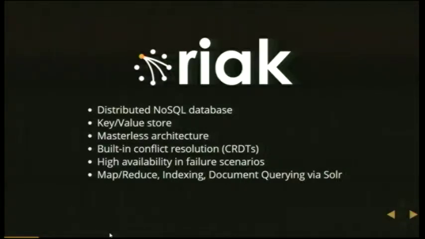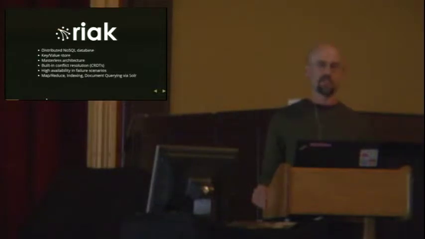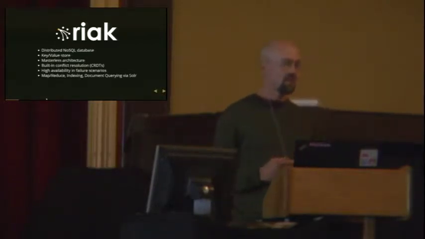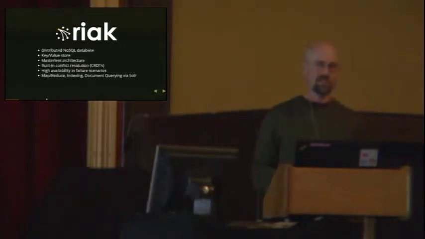It's really designed for high availability and failure scenarios where perhaps 30% of your nodes crash and your application is still able to write and read from the database. Then there's various querying options, including MapReduce, secondary indexes, and Solr document queries. So a client application, a client API connecting to Riak has to keep this in mind and provides a sort of easier to use interface than just sending protocol buffer messages to the database.